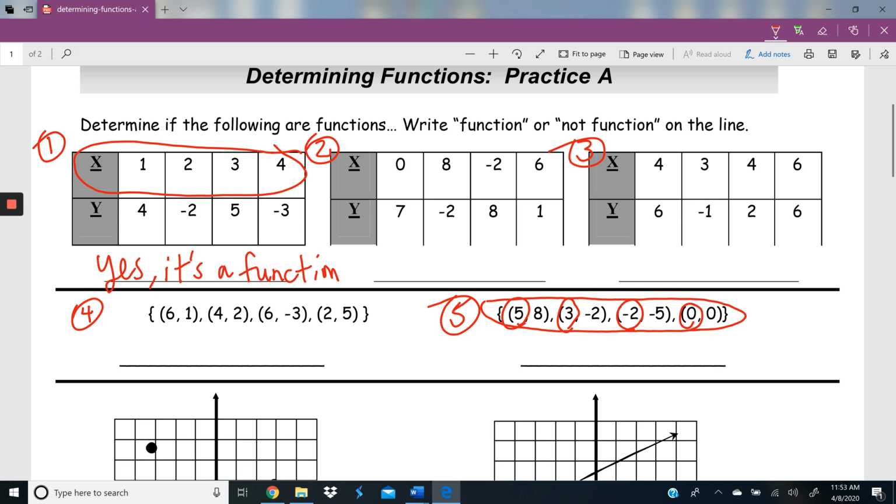Since no number is repeating that I circle, that's a good thing. It's not repeating. So it is a function. At any time, if you have a number that is repeating, that's a bad thing, that you got two numbers for the x values. That's not a function.